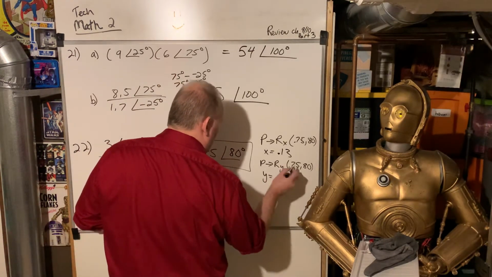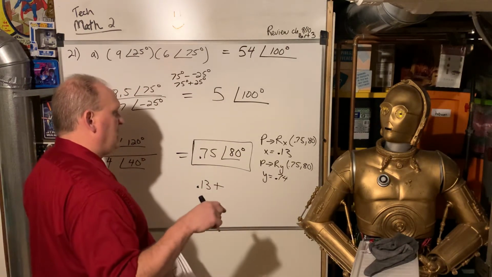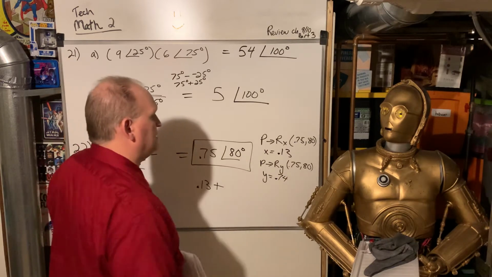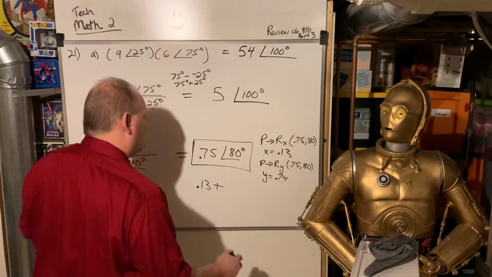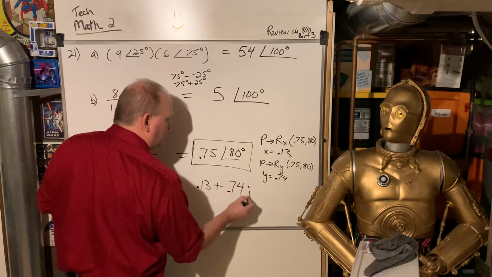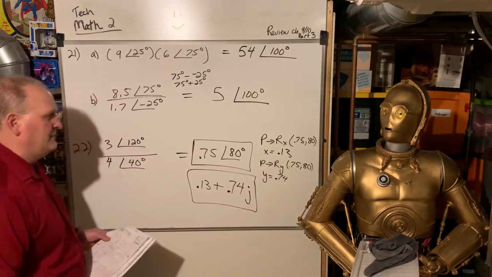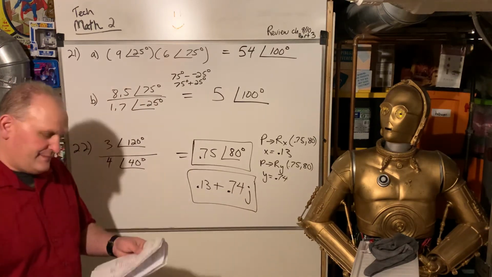And if you don't want that, you could do y is equal to r, 0.75 times the sine of 80 degrees, and that will be 0.74. So that's 0.74 and then j. Don't forget to put the j there. Okay, and that's it. So that's polar, that's rectangular.